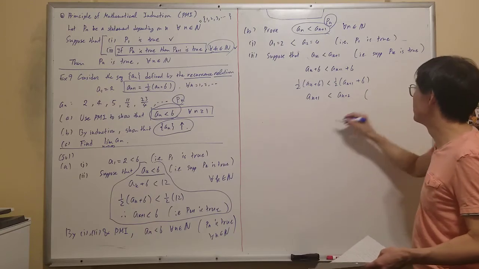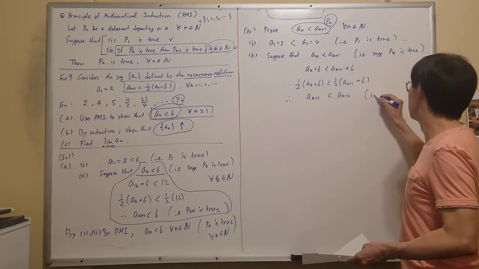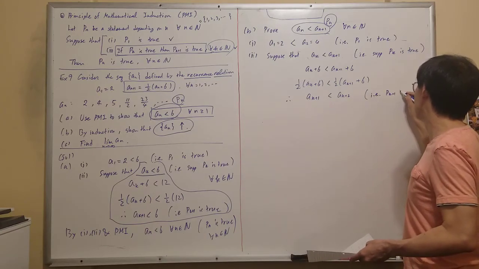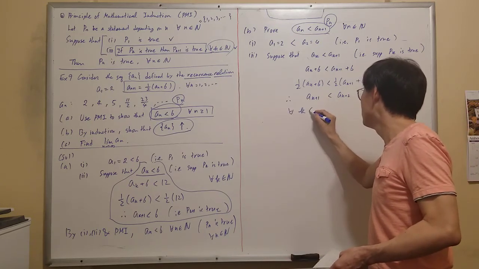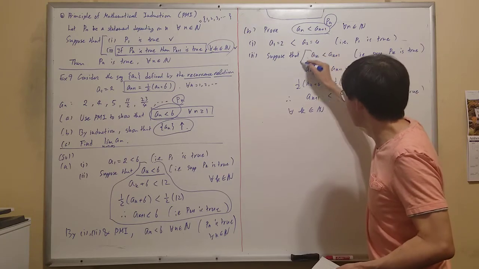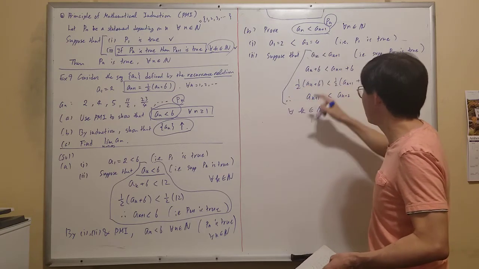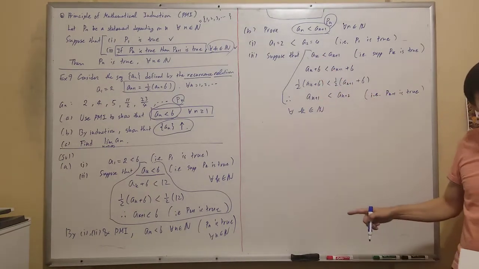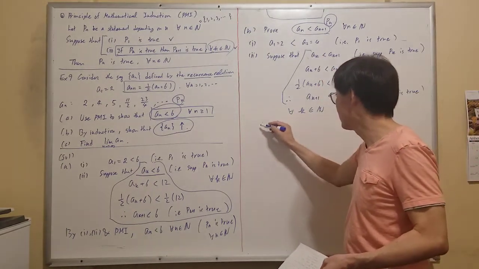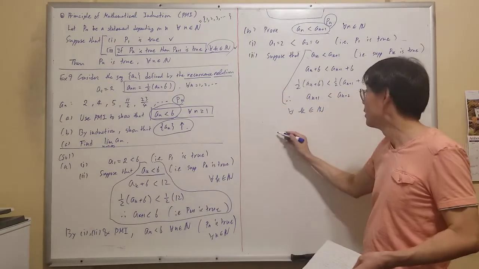So Pk plus 1 is true for all integers. This flow of ideas does not depend on any specific value of k. It is true for any integer k. So the second step is done. The induction step is done.